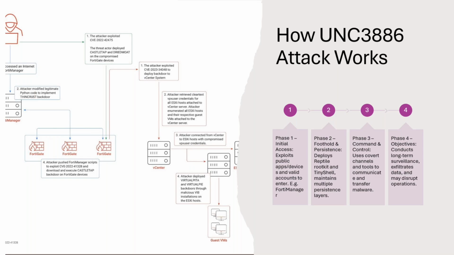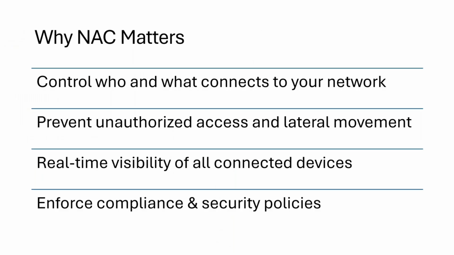So that's why NAC matters, because we can apply NAC control. We can control who and what connections are allowed in your network, and prevent unauthorized access and lateral movement, because we can contain or limit the segment or network for certain credentials or sources of data.